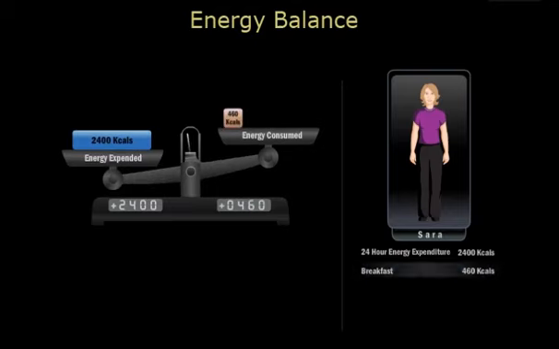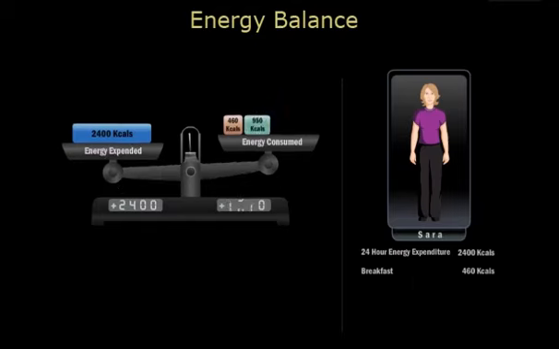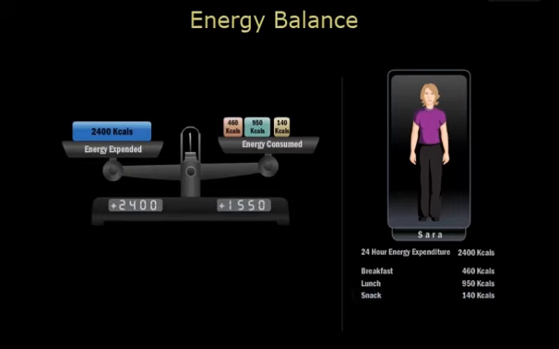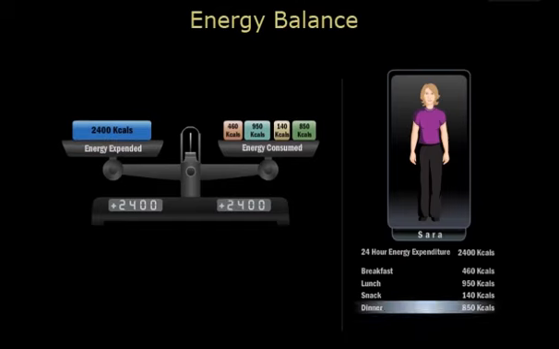At breakfast, she consumes 460 kilocalories of food and beverages. At lunch, she consumes 950 kilocalories. For an afternoon snack, she consumes 140 kilocalories. At dinner time, Sarah consumes 850 kilocalories.